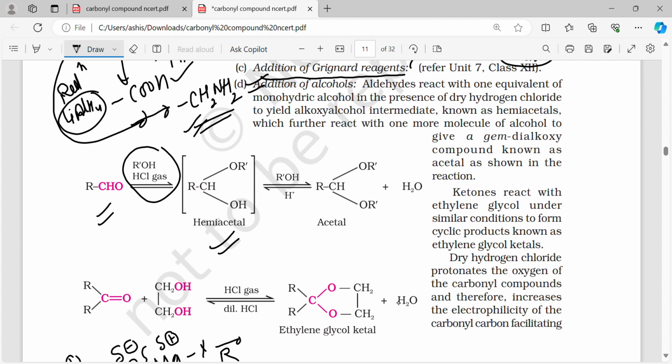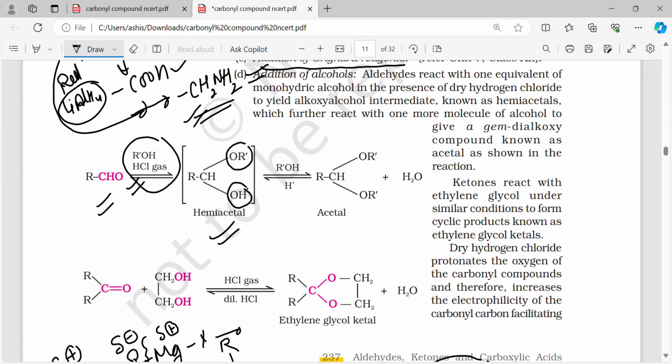Next one is addition of alcohol. Similarly, alcohol can react with aldehyde or ketone, and we will get hemiacetal or hemiketal. Why is it called hemi? Because one OR is attached to carbon. If there is also another OR, meaning alkoxy group attached, then that is called acetal. Why are we taking HCl gas?